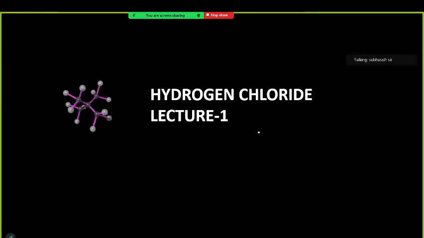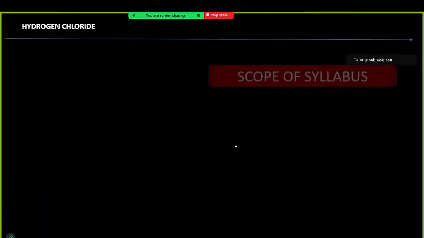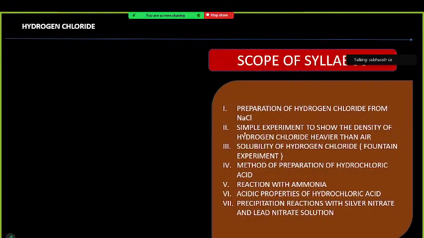That is hydrogen chloride. First of all, hydrogen chloride. In the syllabus, there are some preparative methods of hydrogen chloride, some simple experiments showing different properties of hydrogen chloride and also its solubility with the fountain experiment, and methods of preparation of hydrochloric acid.